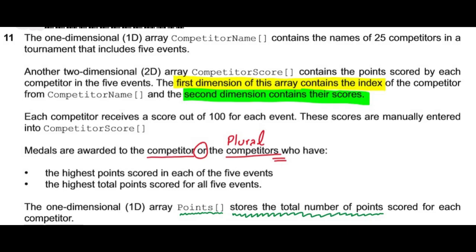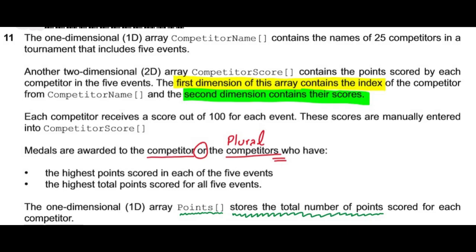Since there are 5 events, there must be either 5 rows or 5 columns. Let's read on to understand if the points are within the columns or the rows. The first dimension of this array contains the index of the competitor. So the first dimension means row, because by dimension we mean either the x-axis or the y-axis of this table, either the horizontal dimension or the vertical dimension.